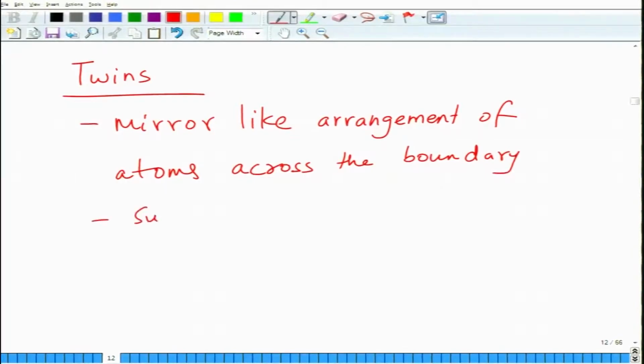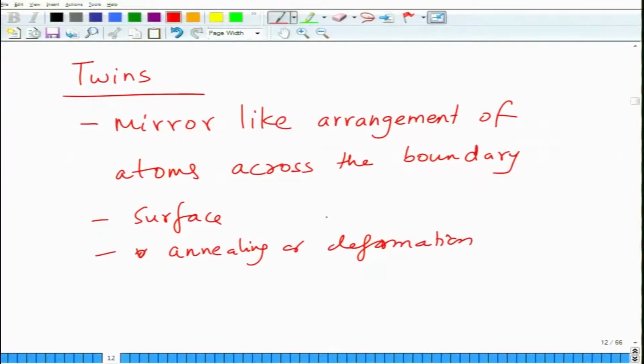So it's a surface, and these can be formed after annealing or deformation, and it has a positive energy in joules per meter square.